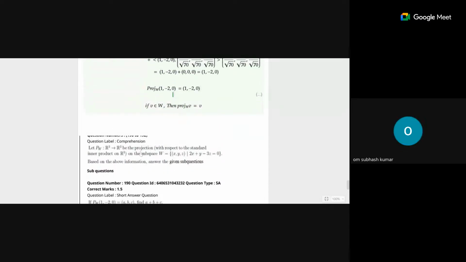Sir, can you please explain the last part, projection and getting it from the equation? Yes.